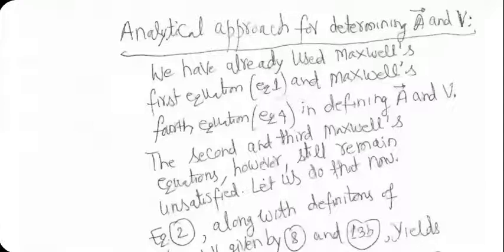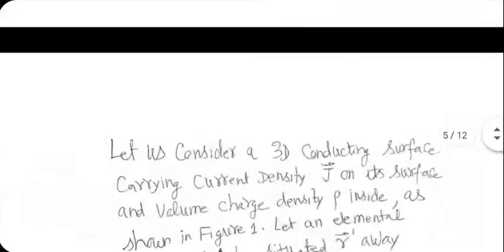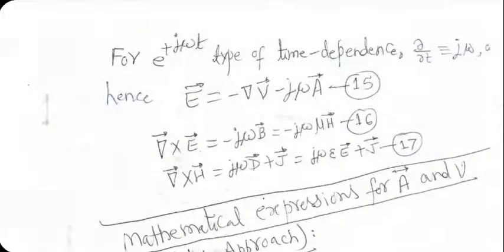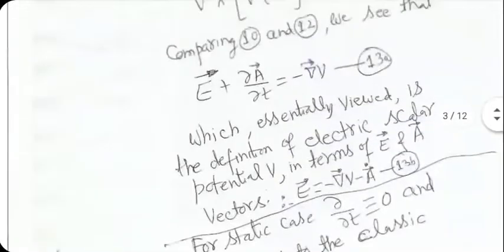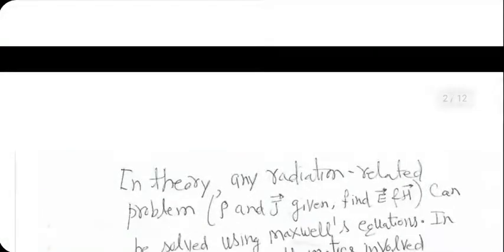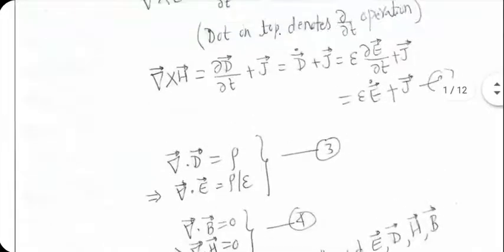And I think equation 1 was also employed when we defined A and V. But equation 2 and 3 were not used at all. That means del cross H equation and del dot D equation were not used.